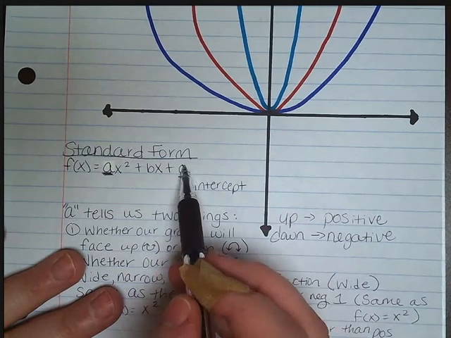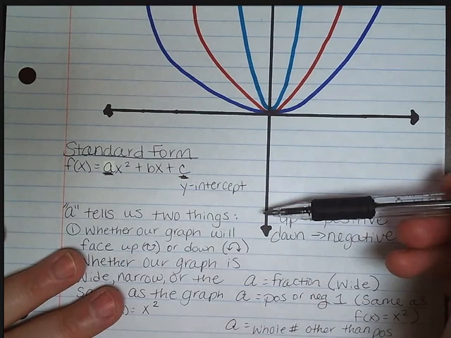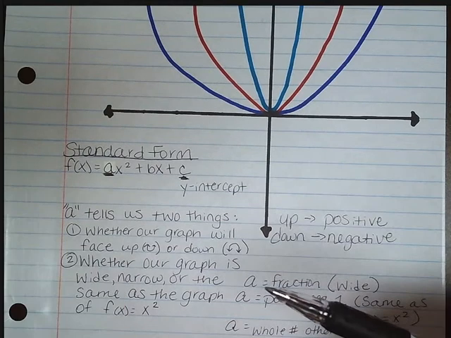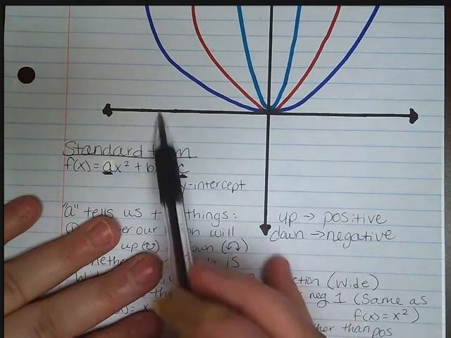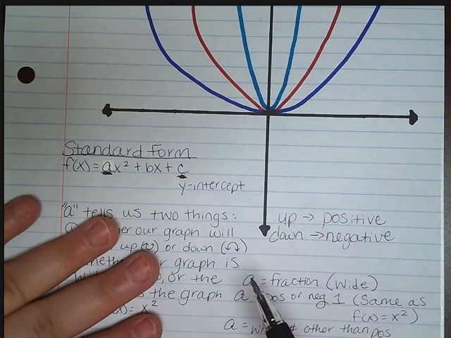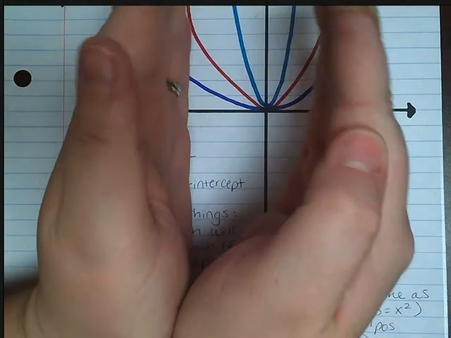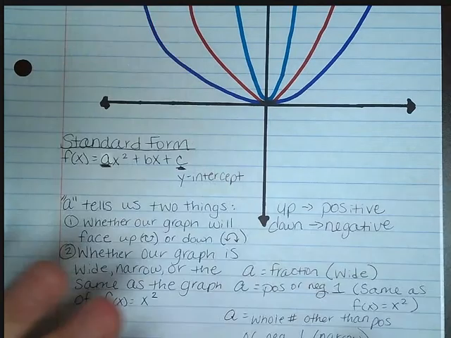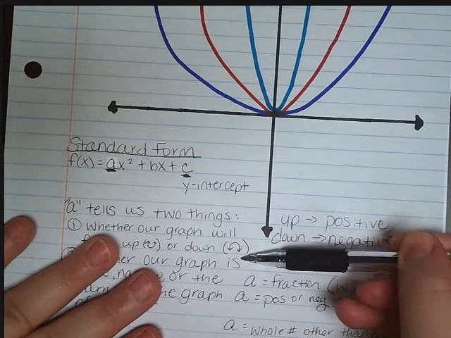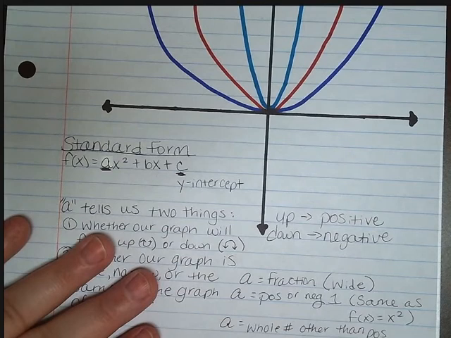So this value right here, the value without any x, is going to move your graph up and down. So A tells us whether it's going to be up or down, and whatever number A is going to determine whether it's going to be very skinny or whether it's going to get wider and wider and wider. And then your y-intercept is what moves it up and down. So we are going to need to know about A and the y-intercept for this next handout we're going to look at.